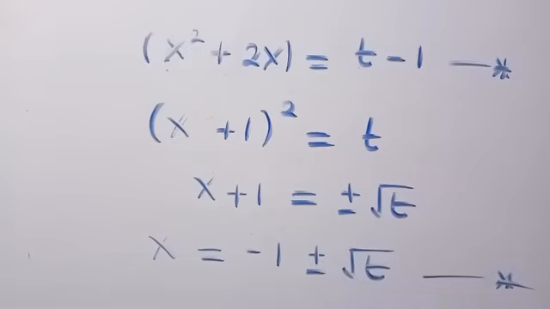What is now left to us is to come back to the given function above and replace the necessary things: we replace x squared plus 2x with t minus 1, and we also replace x with minus 1 plus or minus the square root of t.